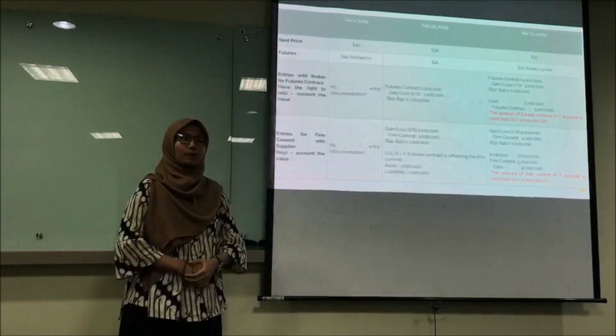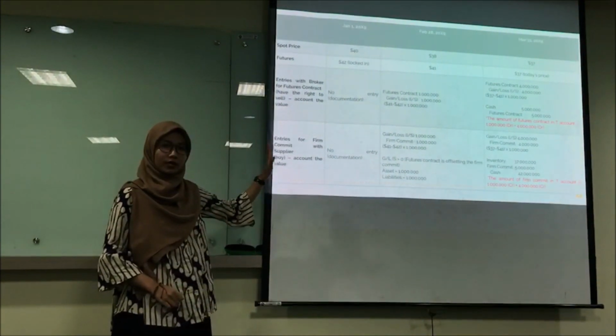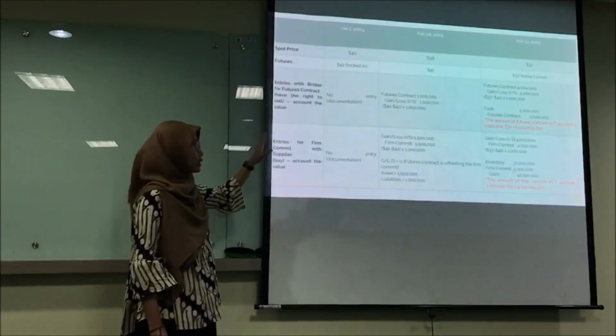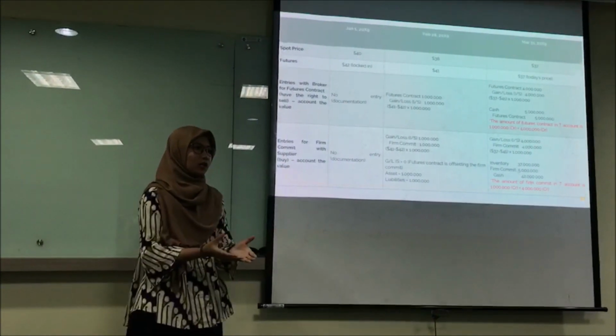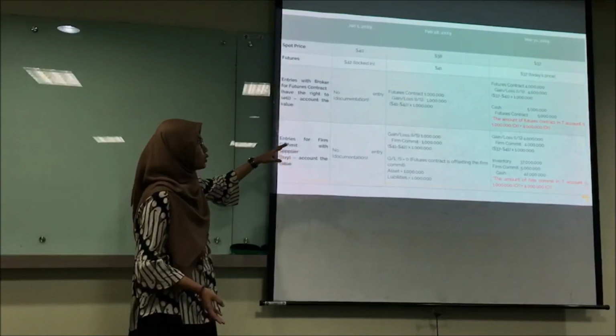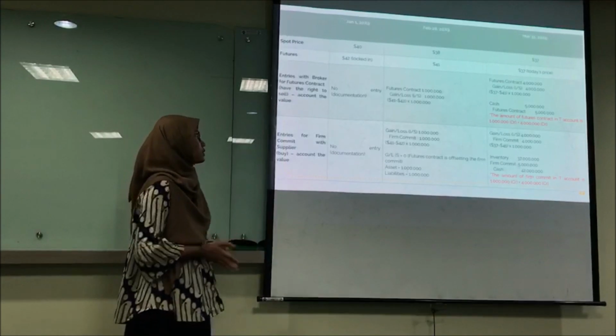Okay. In January, there's no entry recorded because all we need to do is documentation. When you enter a contract in January, you record no entry because you just need to do documentation.